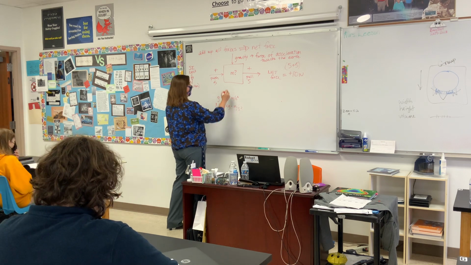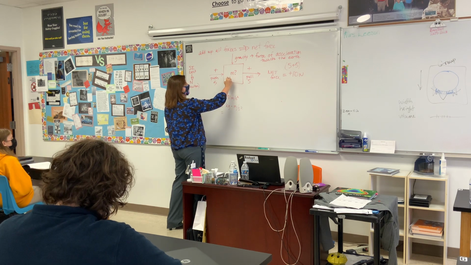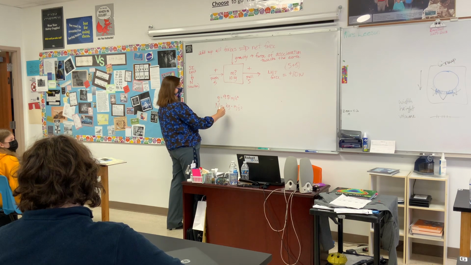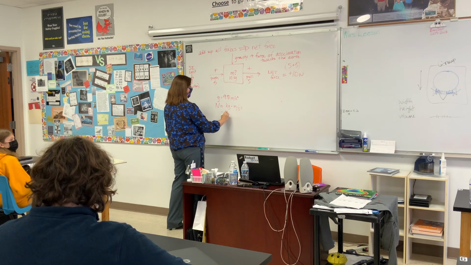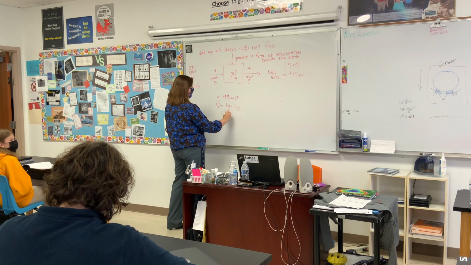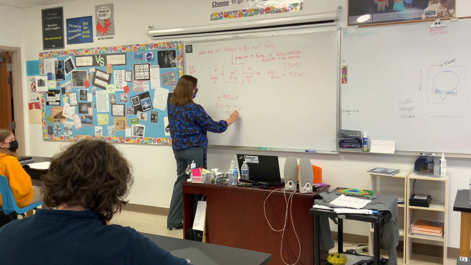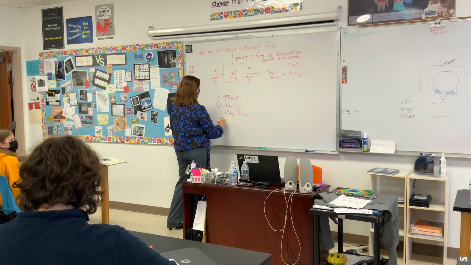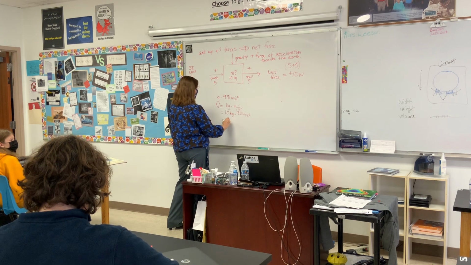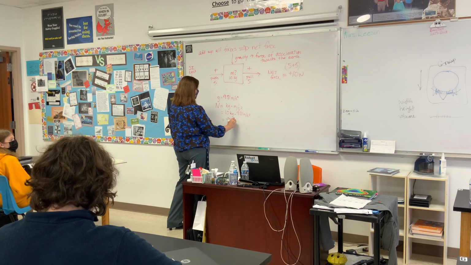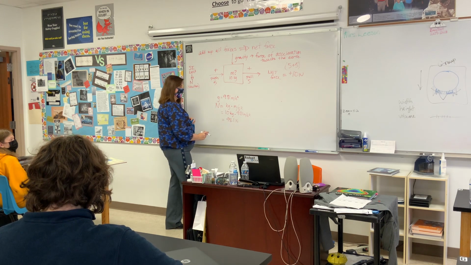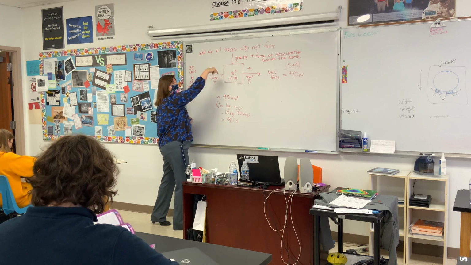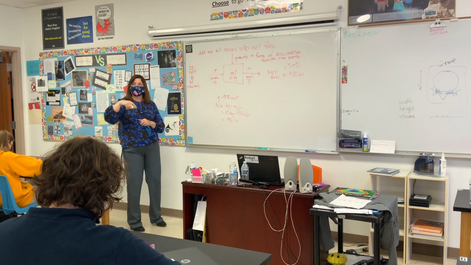If this were 10 kilograms, then this would be 10 kilograms times 9.81 meters per second squared, and so that would be 98.1 newtons. So this would be the force acting on a 10 kilogram object. That's the gravity.